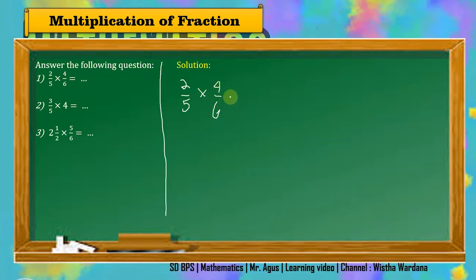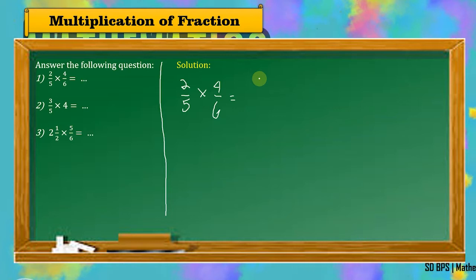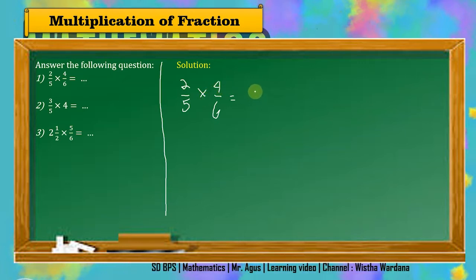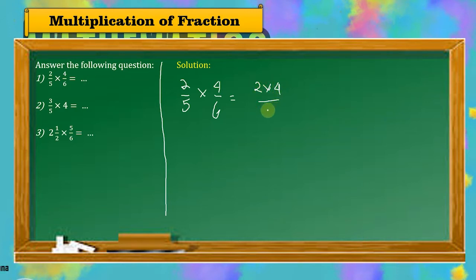I think this is easier than addition or subtraction of fractions that have different denominators, because in this case you have to multiply the numerator by the numerator and then the denominator by the denominator. So you will get 2 times 4 as numerator and 5 times 6 as denominator.